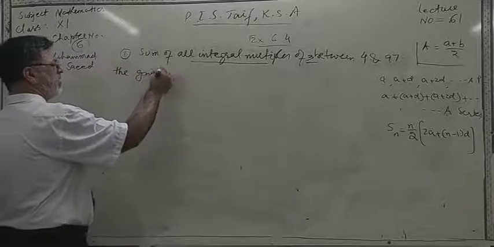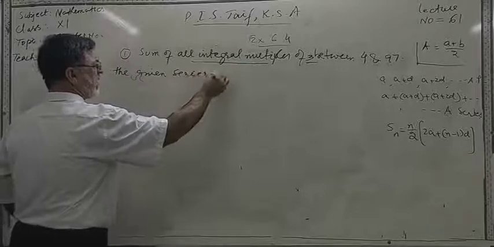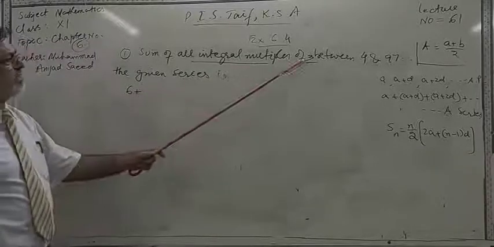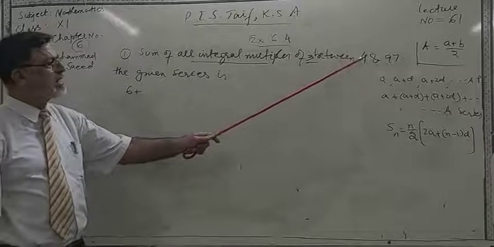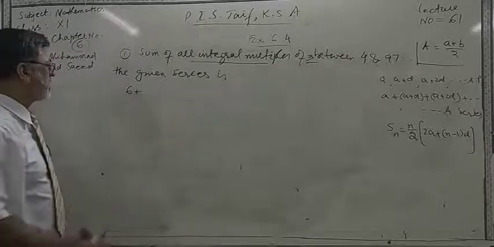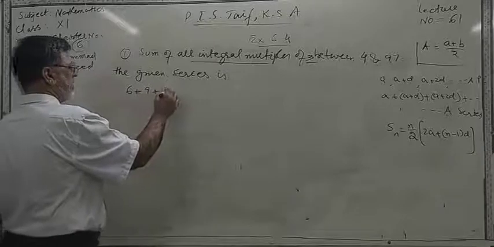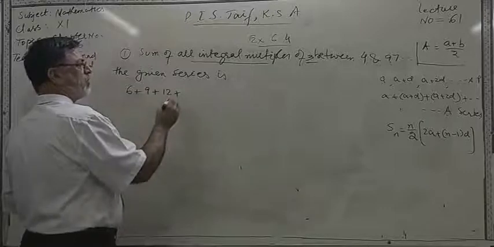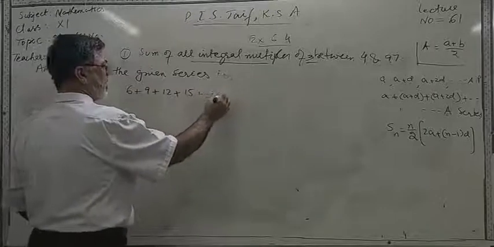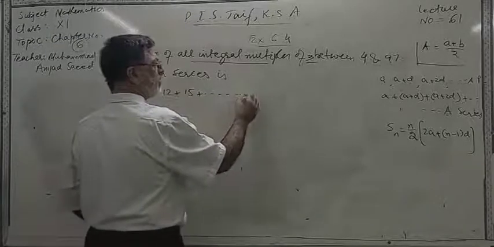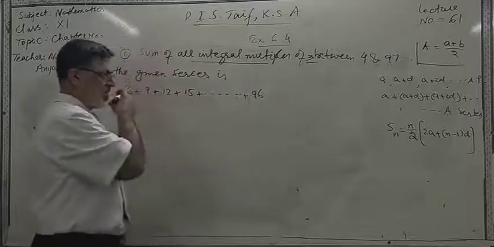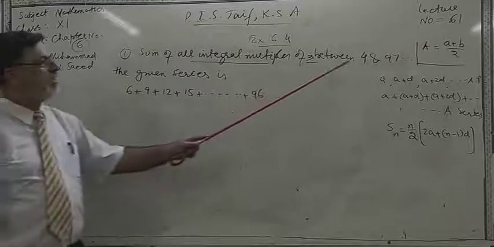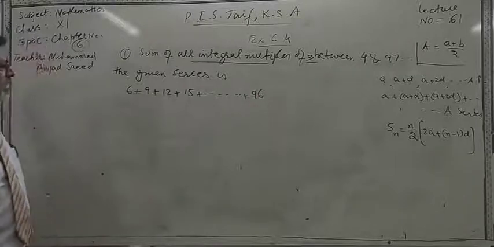The given series is: 3 ones are 3, but 3 is less than 4, then 3 twos are 6, 3 threes are 9, 3 fours are 12, 3 fives are 15, and so on up to 96. The last term of this series is 96.